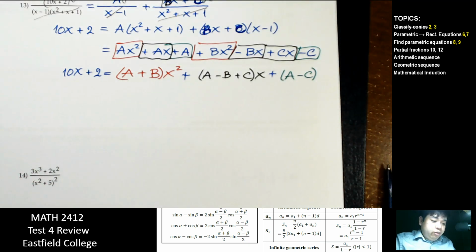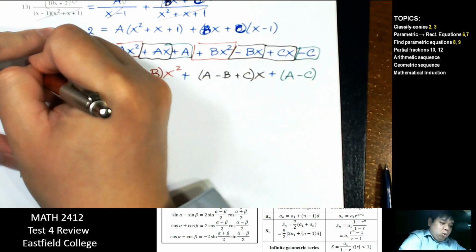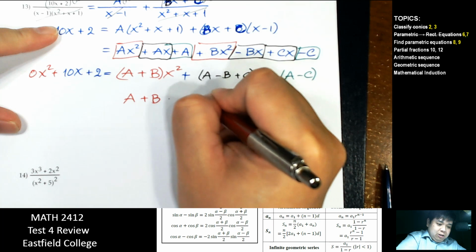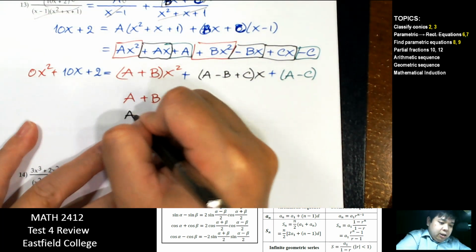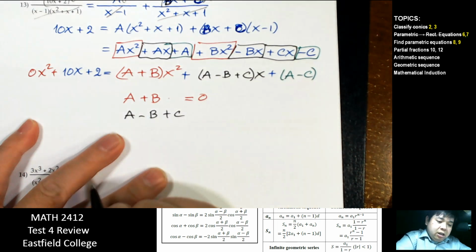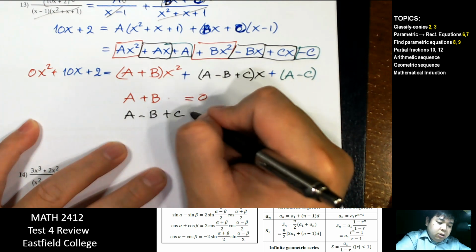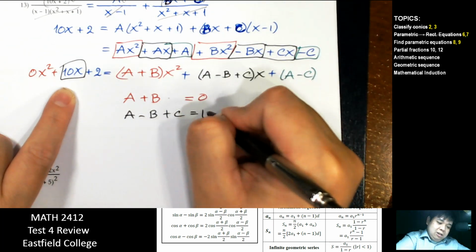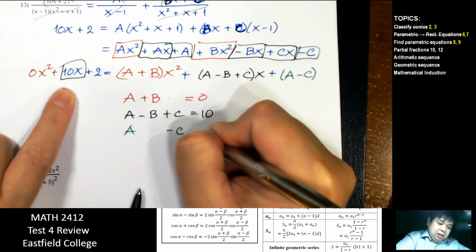Now we just match the coefficients. a plus b. Since there's no x squared here, we're going to put 0x squared and make that equal to 0. a minus b plus c equal to 10, and a minus c equal to 2.